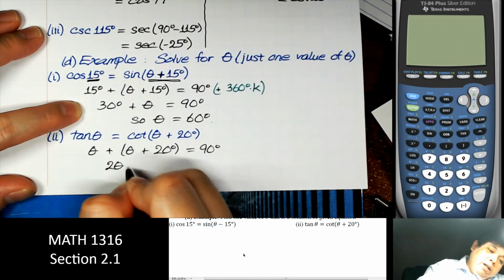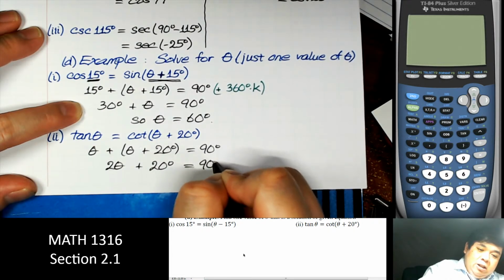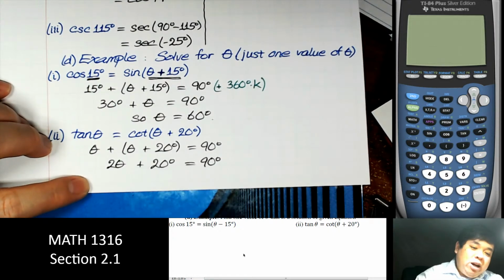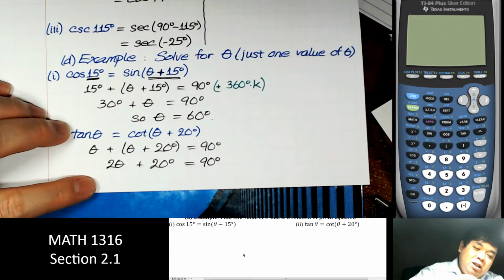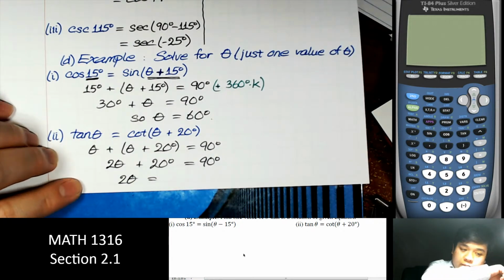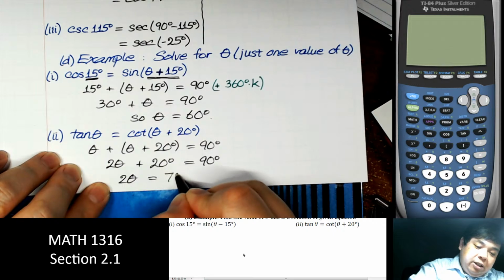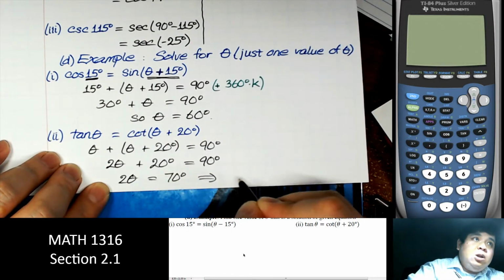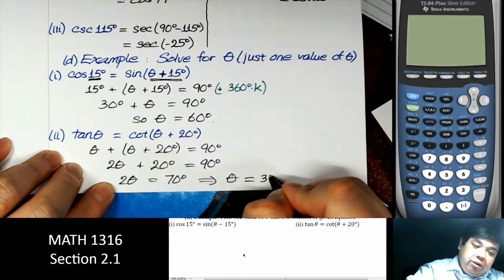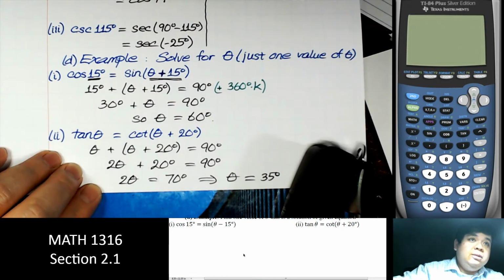And we have 2 theta plus 20 degrees equals 90 degrees. I subtract 20 on both sides. 2 theta equals 70 degrees. So theta is 70 degrees divided by 2, which is 35 degrees.